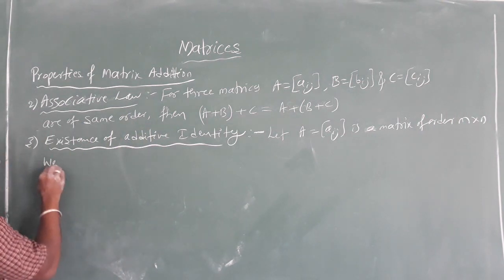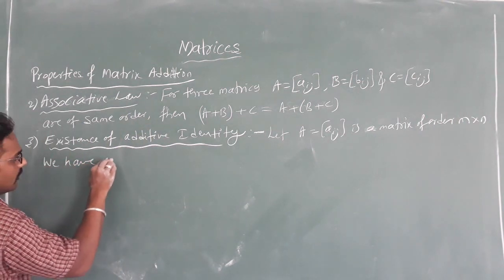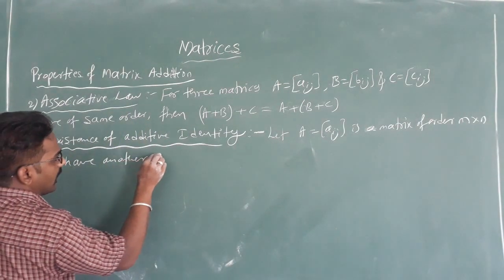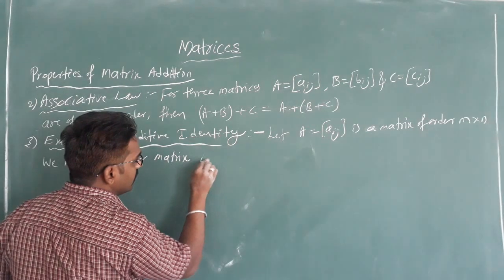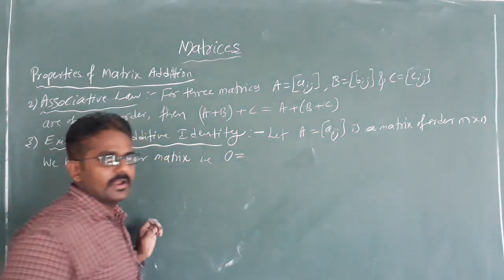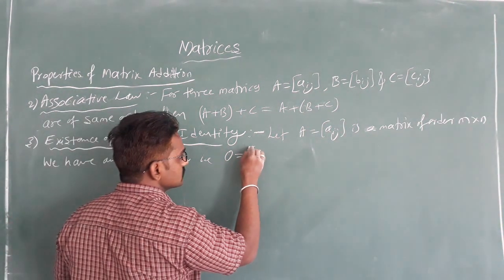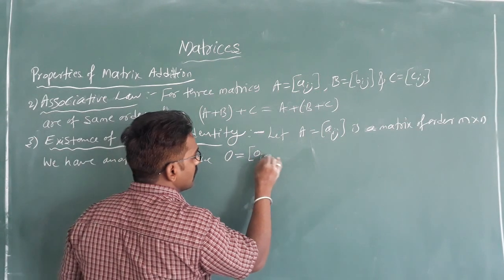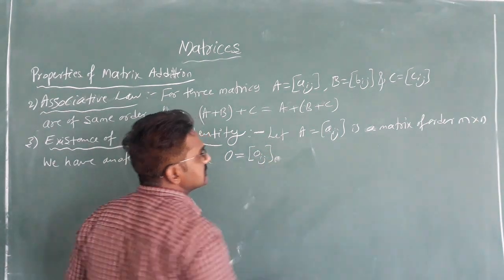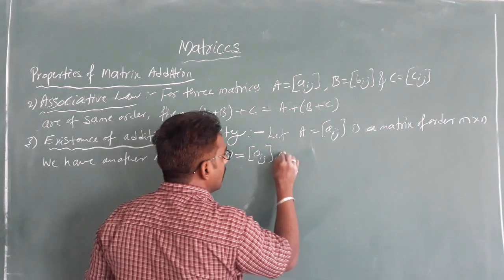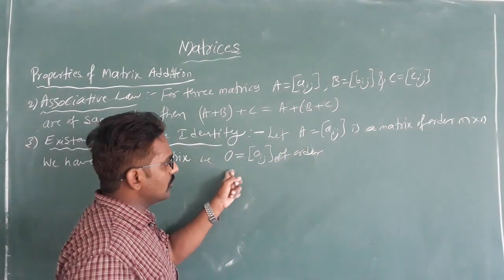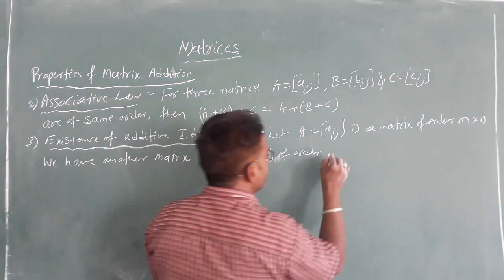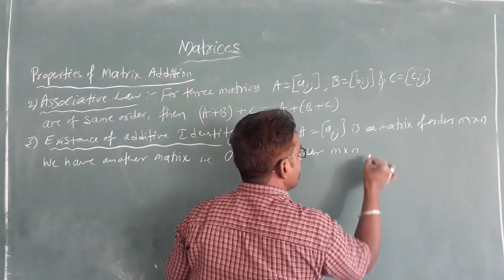We have another matrix, that is the zero matrix of order m by n.